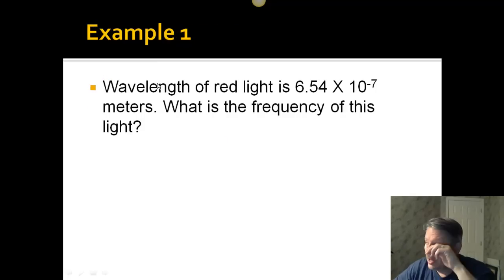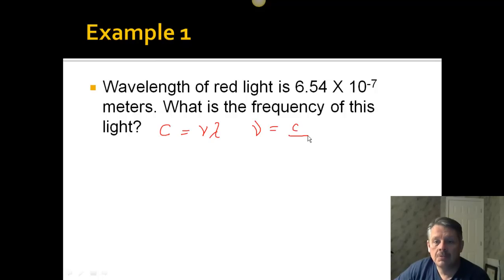So, how do I figure something out? Well, wavelength of red light is 6.54 times 10 to the minus 7th meters. What's the frequency of the light? Well, if I know that the speed of light is equal to the frequency times the wavelength, and I want to solve for frequency, then frequency is equal to the speed of light divided by the wavelength.